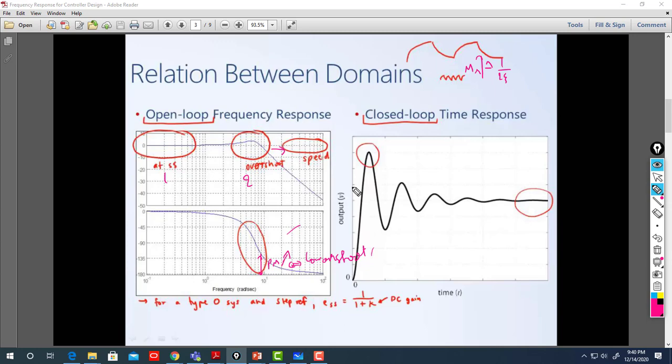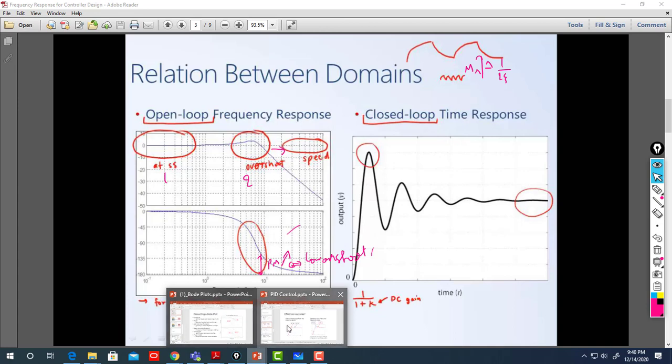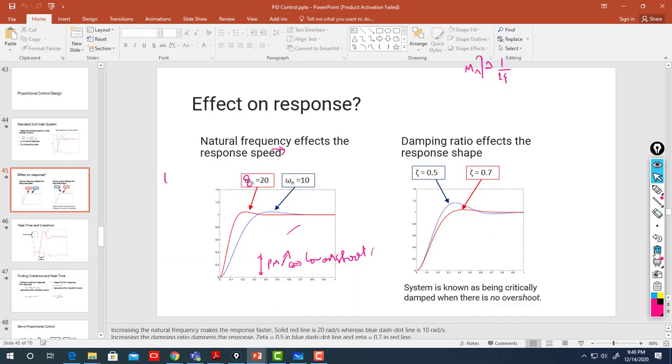And you remember when we were showing you this example here, when you increase omega n, which is the natural frequency of the system, or the crossover frequency. Actually, omega n is the crossover frequency.